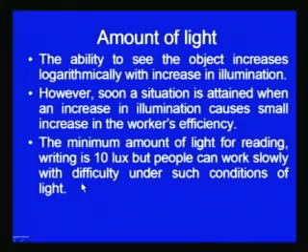We may find 10 lux good enough just for reading or writing, but if the worker has to work for long with such a low level of light, then he will be working with difficulty and slowly under such working conditions.